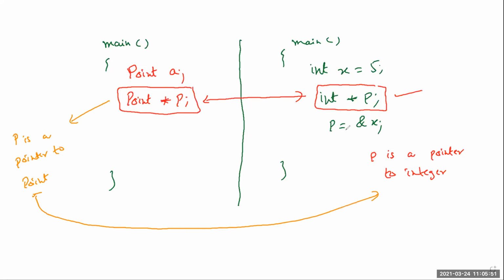Now, just like we can copy the address of an integer in p in this case, so now you see in this p, which is on the left side of the screen, I can copy the address of any point object. So it means this should be a legal statement. Now this statement is actually equivalent to this statement.